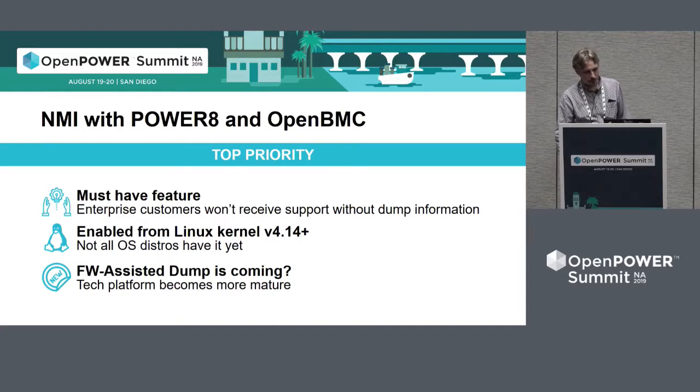It appears that Linux should run a rather fresh kernel version, and it is supported only starting from 4.14 and later. Not all operating systems have yet transitioned to that kernel version.